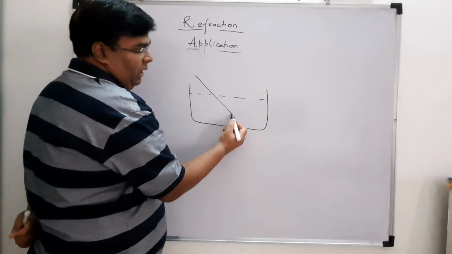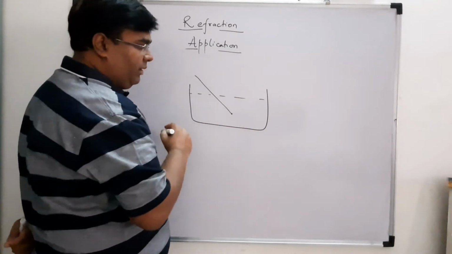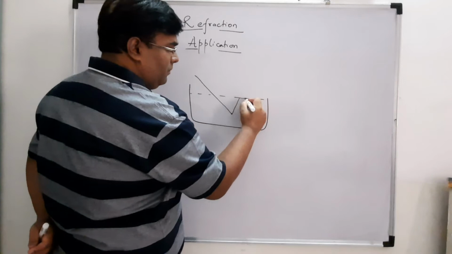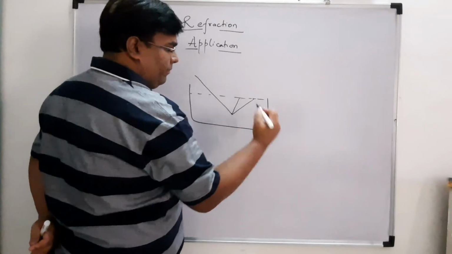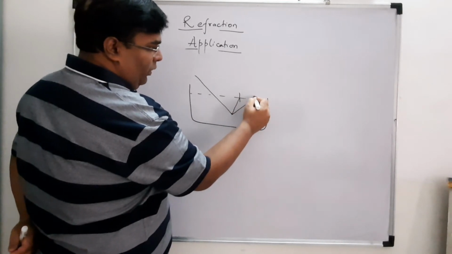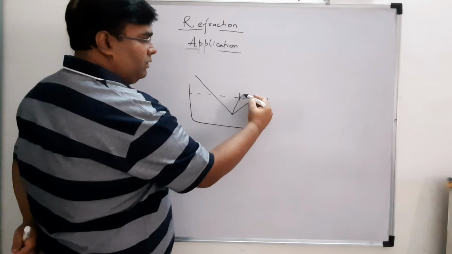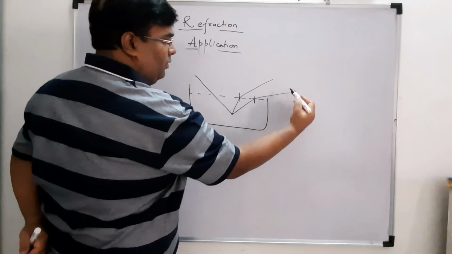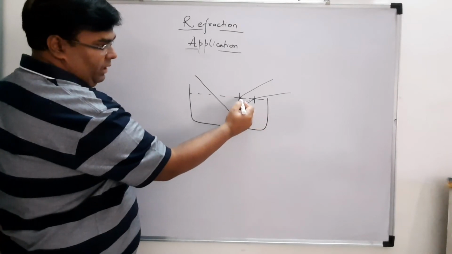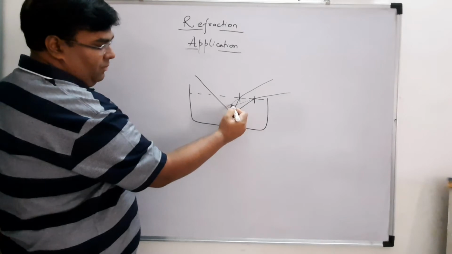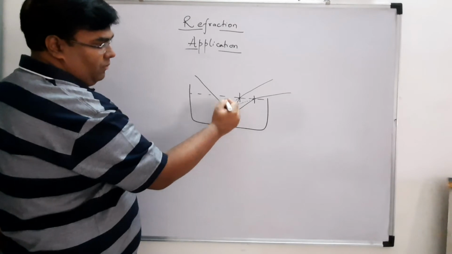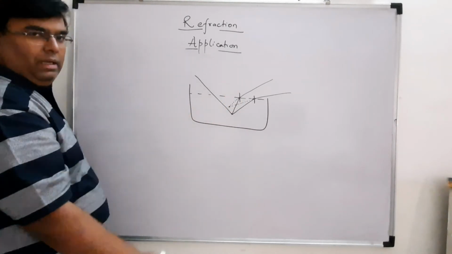What I am doing is making an image of this last point. Let us draw two rays. And if you draw a normal at both the points, this ray will move away, and then if you take these rays backward, it will look like the image will be here.